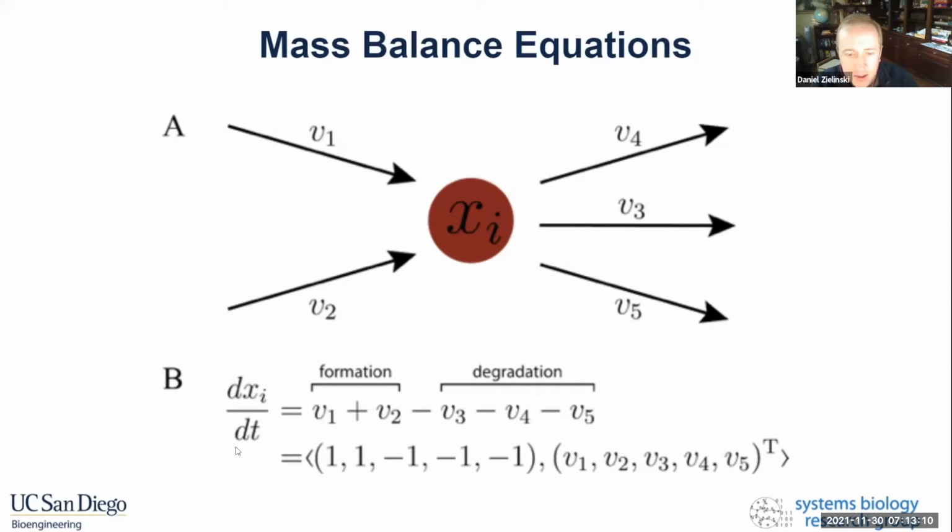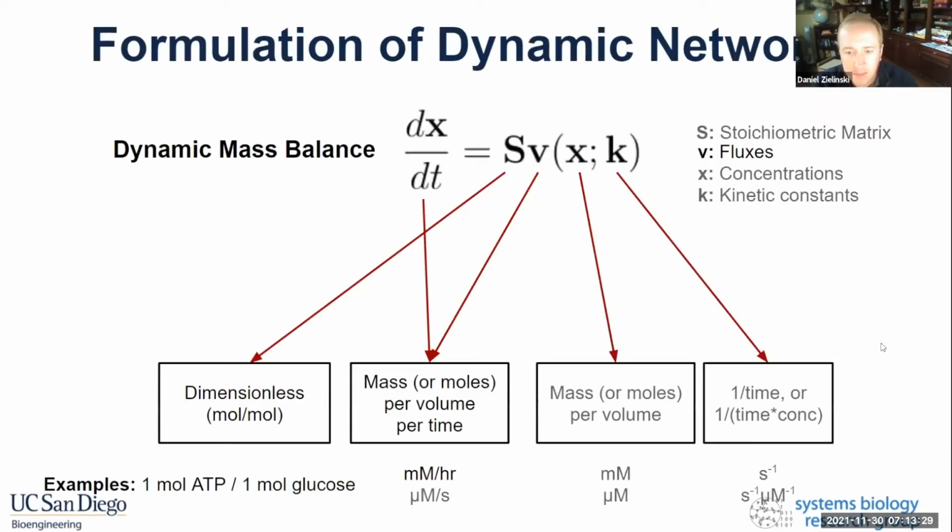With kinetic models, though, we just don't make that additional assumption. We allow our metabolite pools to vary dynamically, and instead we model this with a differential equation system and try to simulate its properties over time or understand them at steady state.